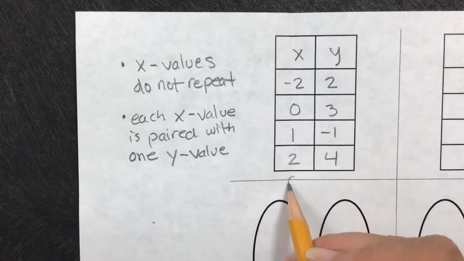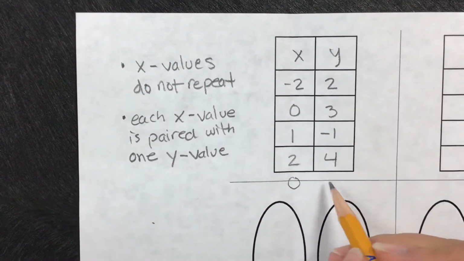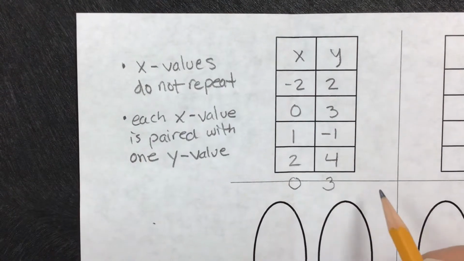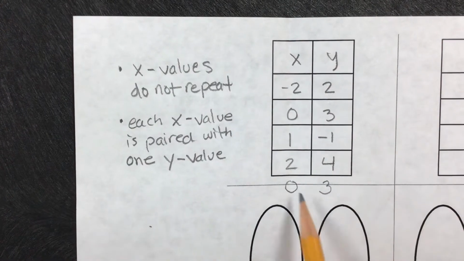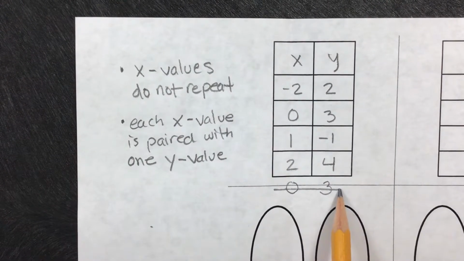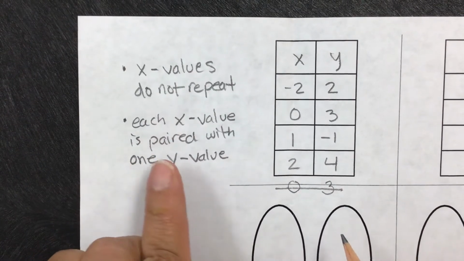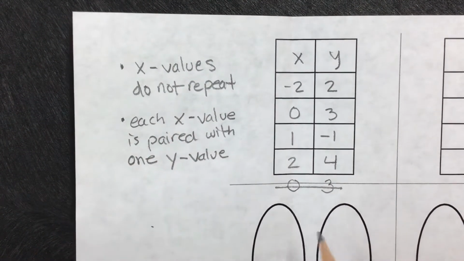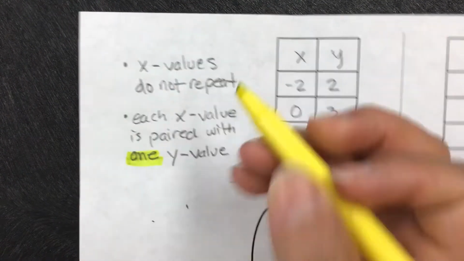Let me do 0, and it looks like the x's repeat. But if we give it the same y value, it's sort of like a typo, and it still makes it a function. It's like you've written it twice. So it's still that each x value has only one y value. And I'm going to highlight the 1 because that's what we need.